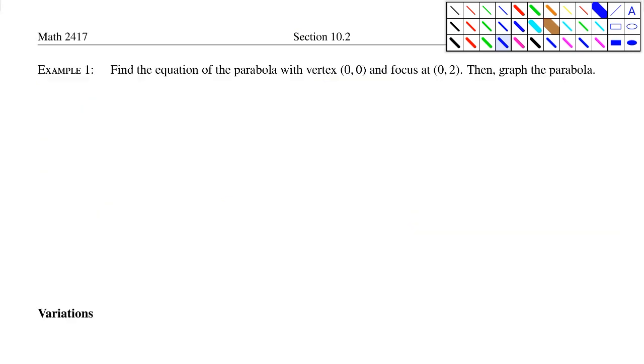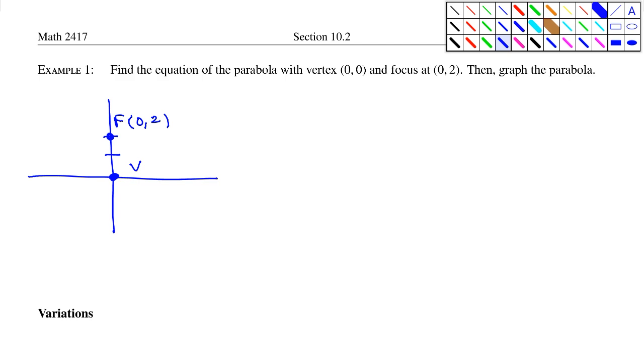Example 1. Find the equation of the parabola with vertex 0, 0 and focus at 0, 2, then graph the parabola. So I actually find it helpful to sort of graph the parabola to start with. We're going to have a vertex right here at 0, 0, a focus at 0, 2.